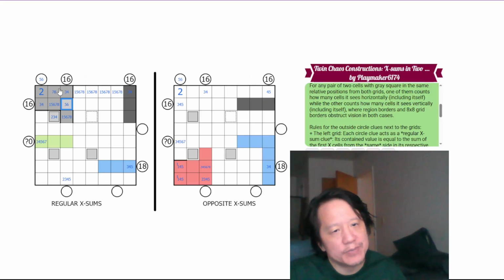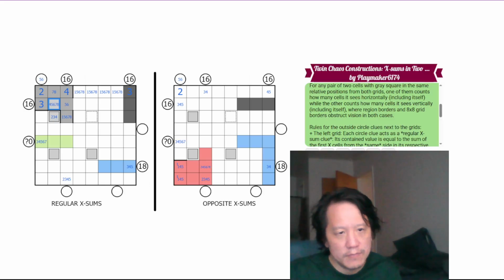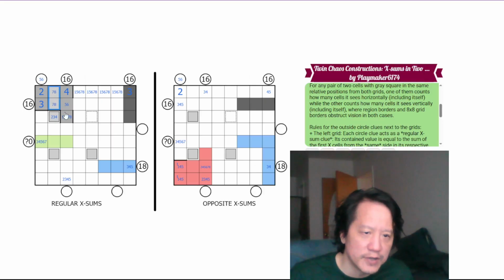So what happens if this is 4? If this is 4, this becomes 3. This would then be 3 with this being no 5 or 6. It would be 7 or 8.